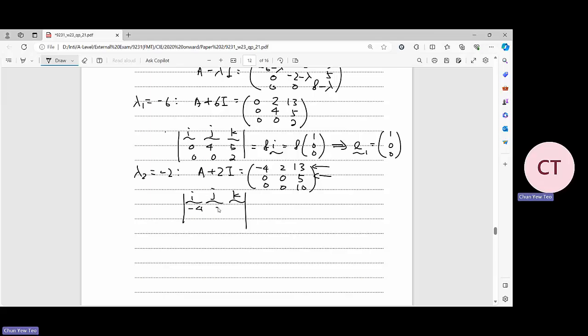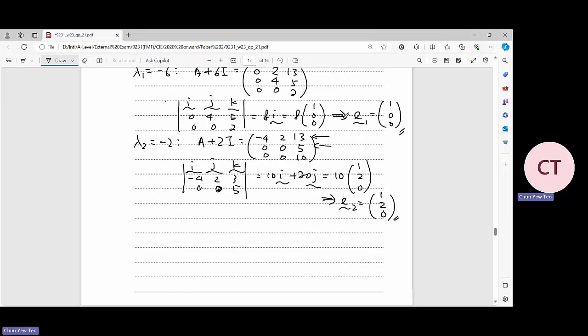So this one is negative 4, 2, 3, 0, 0, 5. Then do the cross product. You will get 10i plus 20j. See, the k is 0. So you can take the 10 out, then you get 1, 2, 0. That means my eigenvector number 2 will be (1, 2, 0).